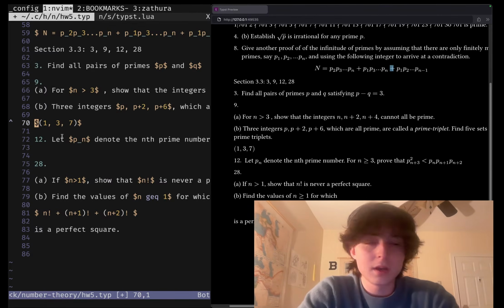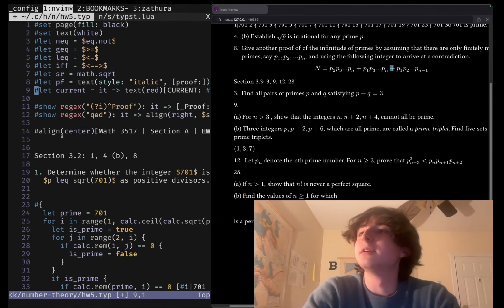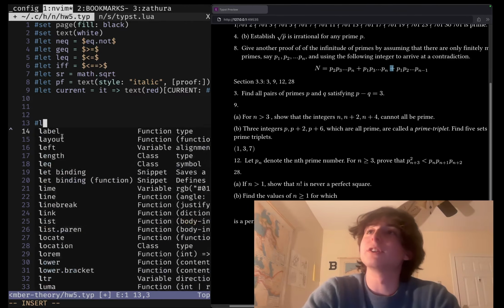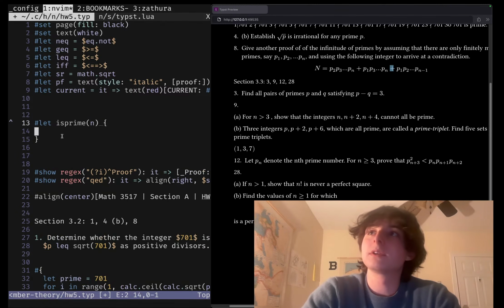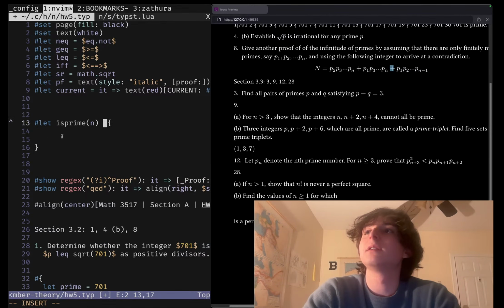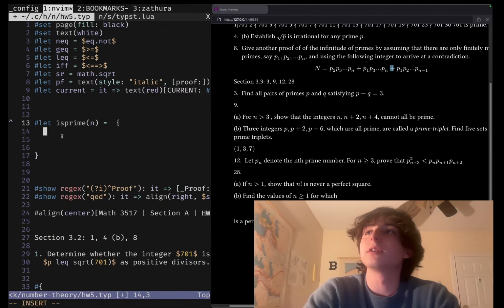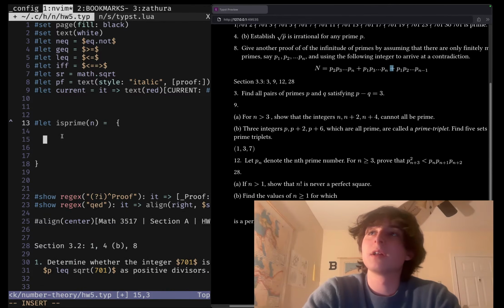Okay. Let's just make a quick function, is prime, that takes an n, and then, well, it's going to return, let's see.